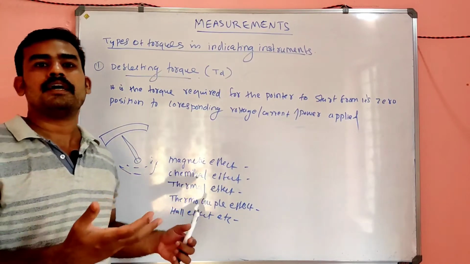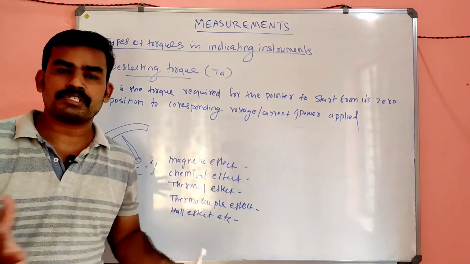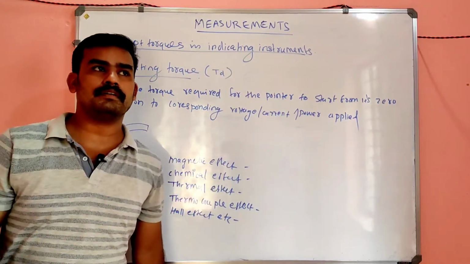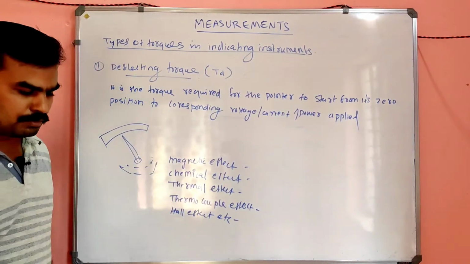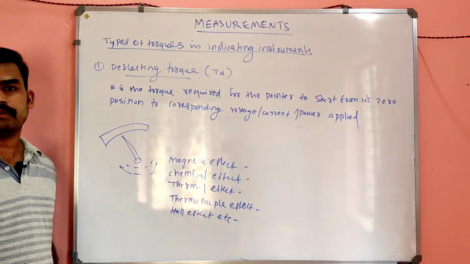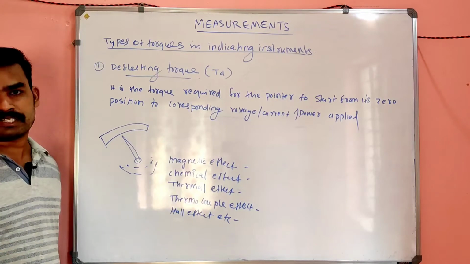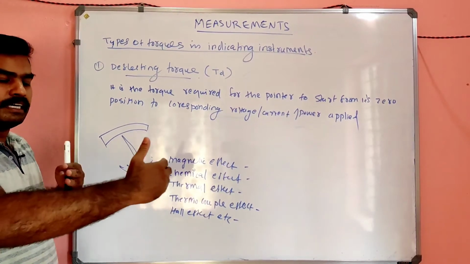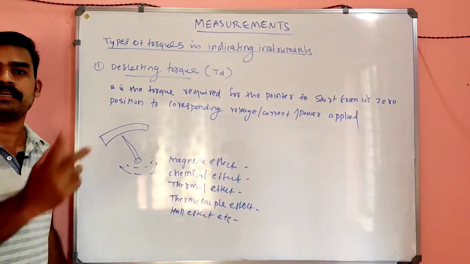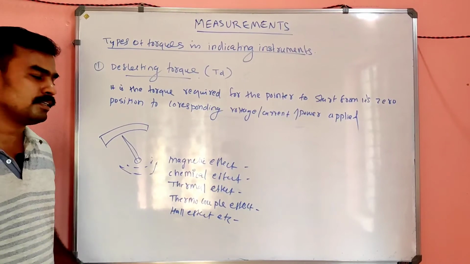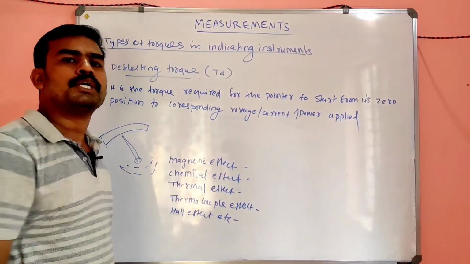Sometimes the pressure or a mechanical force may be the reason. In continuing classes, you may learn about mechanical bellows-like arrangements. There the physical displacement itself will be the reason for the pointer to move. At that time the mechanical effect will be there, right? So any of these effects can be utilized.